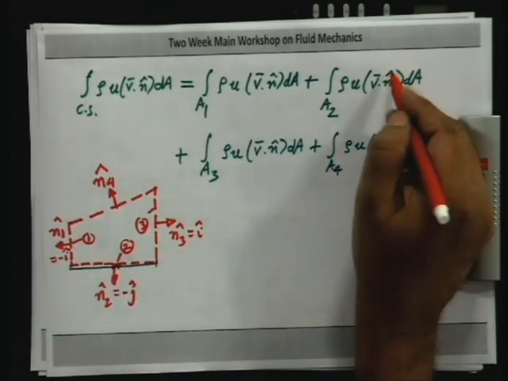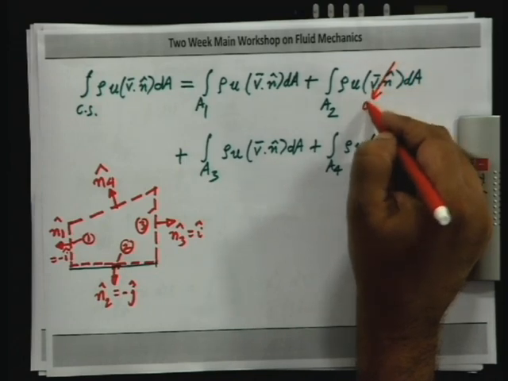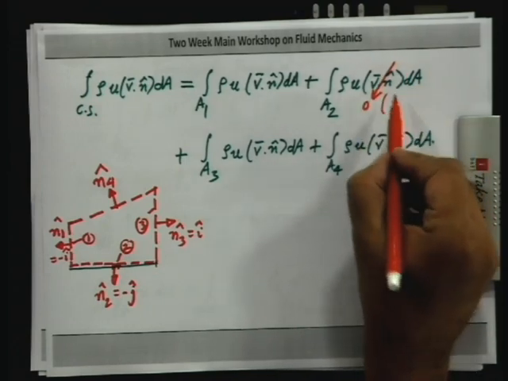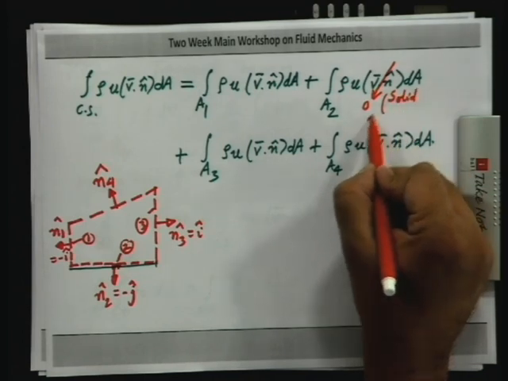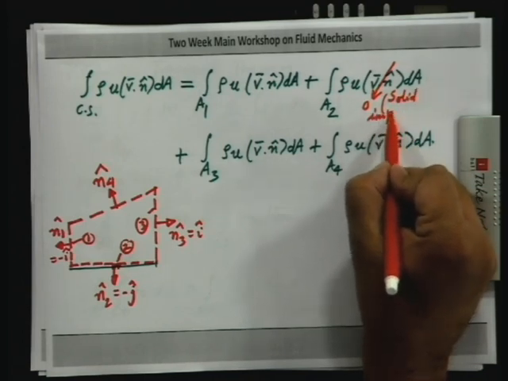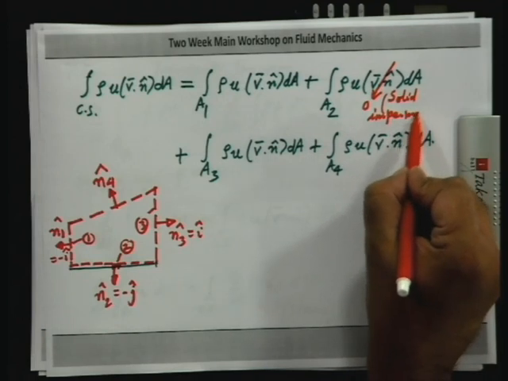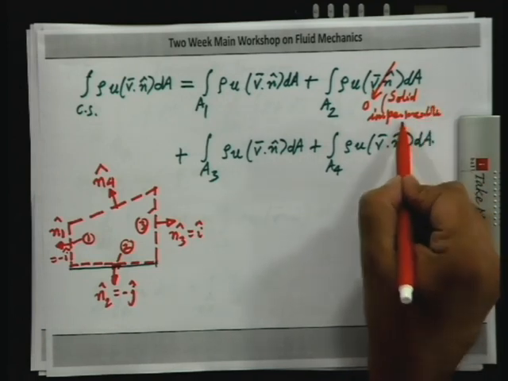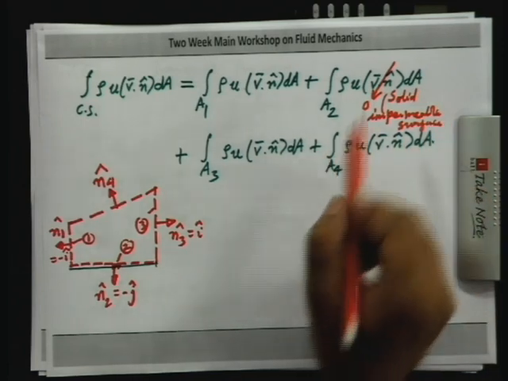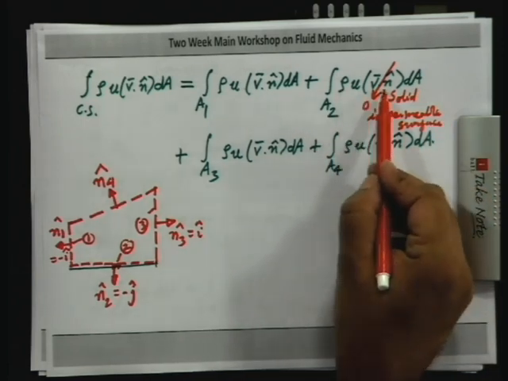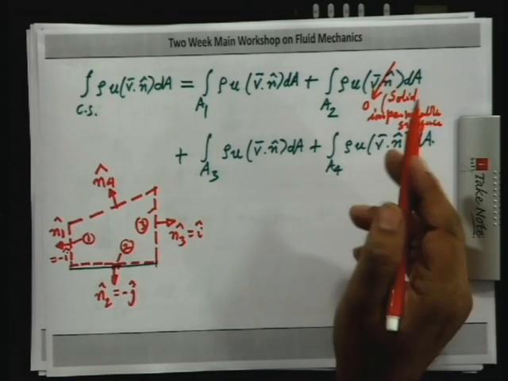So, you are going to have v dot n equal to 0 because it is a solid impermeable surface. So, you are multiplying rho u by 0 and then you are integrating. So, this integral will be 0.